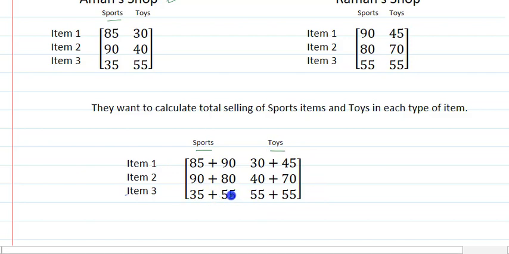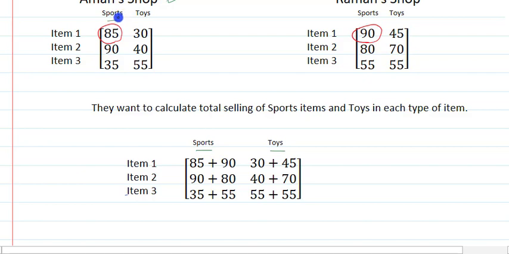So what we need to do? We need to add this 85 and this 90 to get how many items of type 1 from sports items were sold in a week. So these are 85 plus 90.